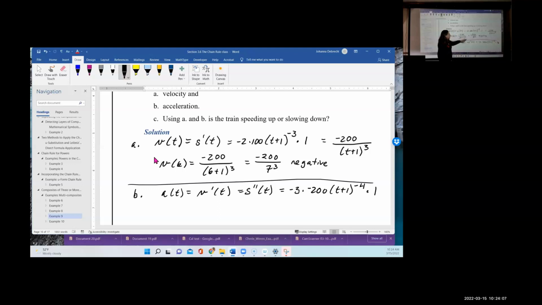So I've taken the derivative of the derivative, where I'm thinking of this as negative 200 t plus 1 to the negative 3. So I pull the power negative 3 to the front, multiply it by the negative 200, freeze the inside at t plus 1, reduce the power by 1 to negative 4, and multiply by the derivative of t plus 1, which gives me 1. Right?